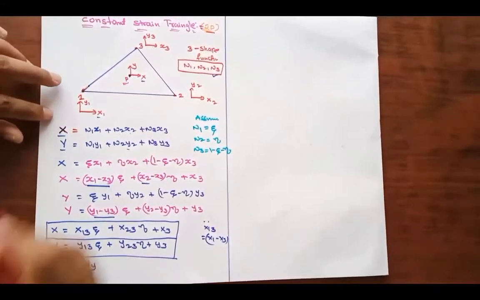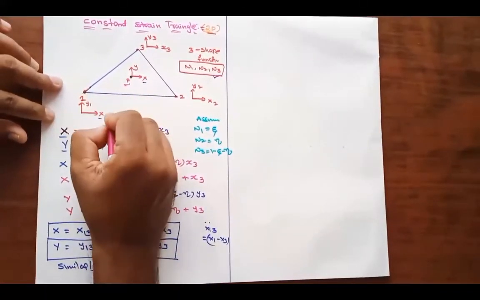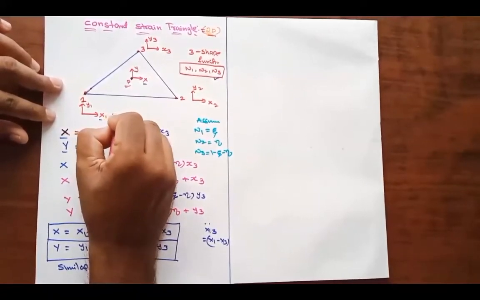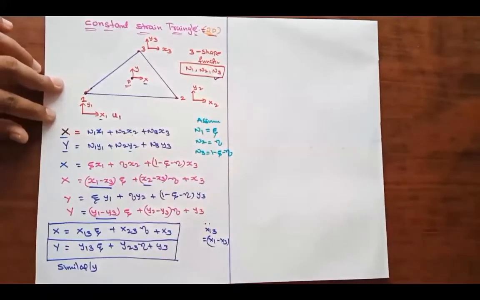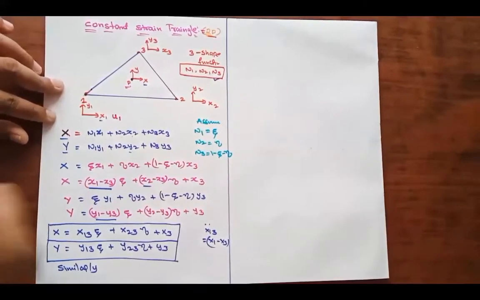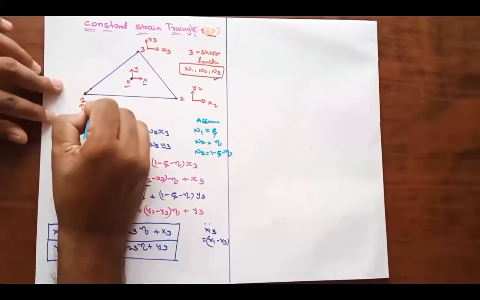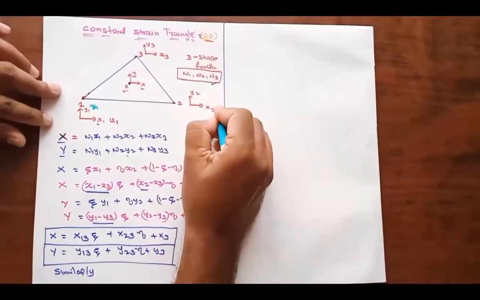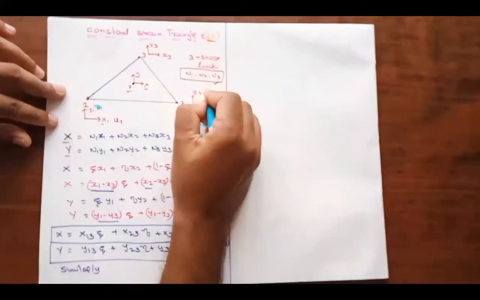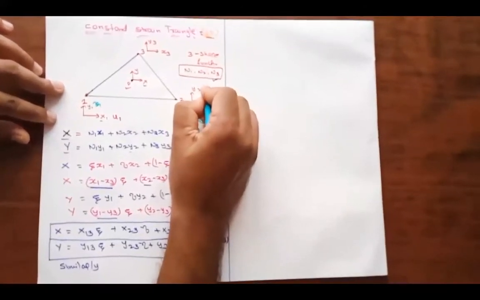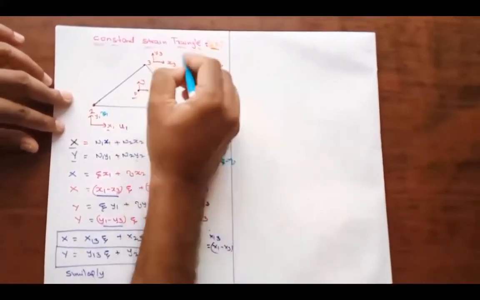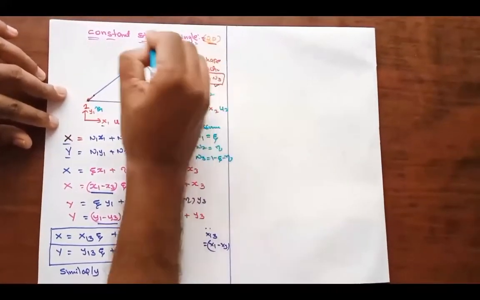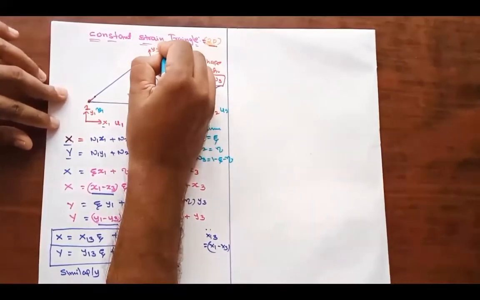For example, at nodal point 1 the nodal displacement in the x direction is u1, and in the y direction it is v1. At nodal point 2 the x directional displacement is u2 and the y directional displacement is v2. Similarly at nodal point 3 they are u3 and v3.